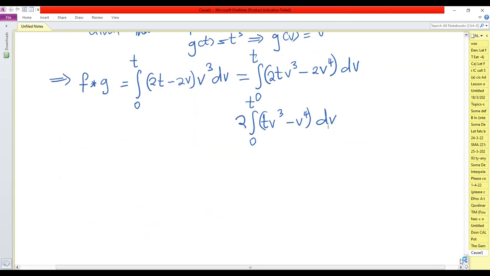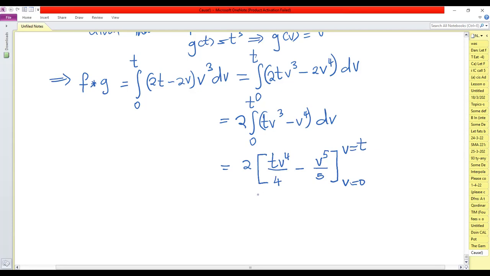Now, integrating each term with respect to v, we'll have 2 times t v power 4 divided by 4 minus v power 5 divided by 5. And remember, these limits 0 to t are for v, so I have v from 0 to v equals t.